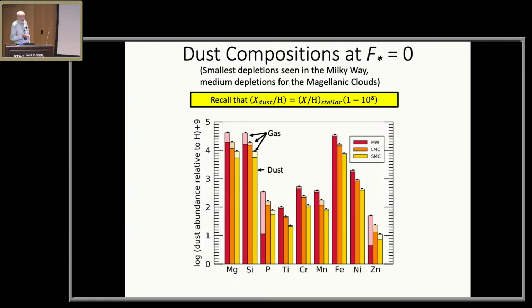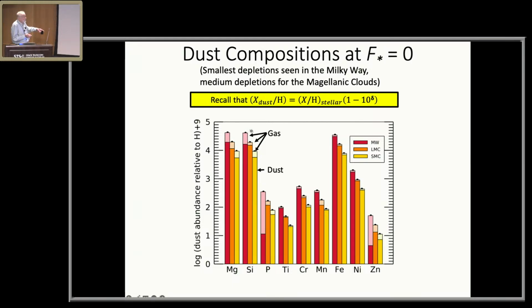Okay, let's look at the dust composition. Now, if I do that at F star equals 0.5, I would just get the stellar abundances. So if we go to F star equals 0, which is fairly light depletion, you can see the tops of these bars are equal to the stellar abundances.